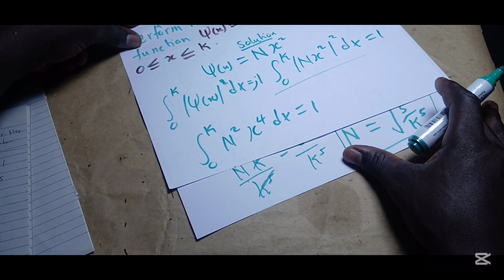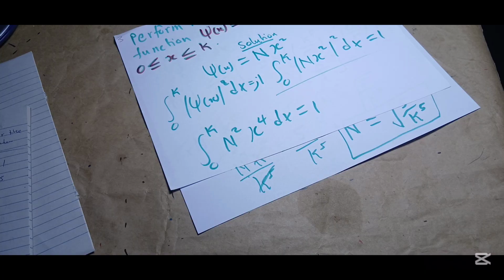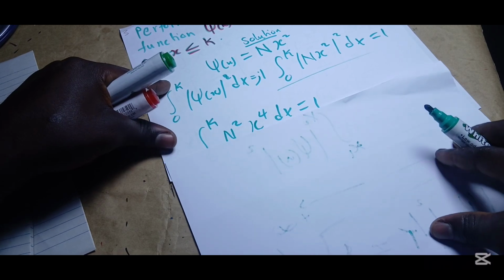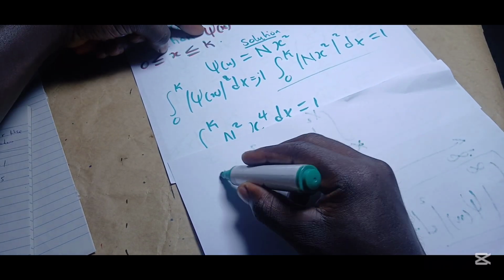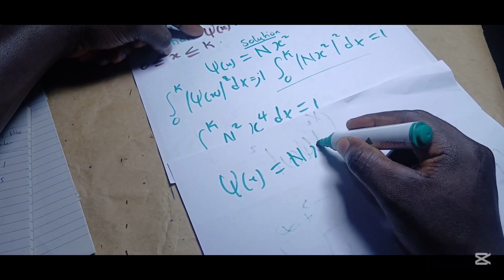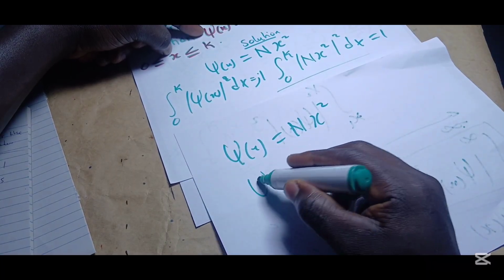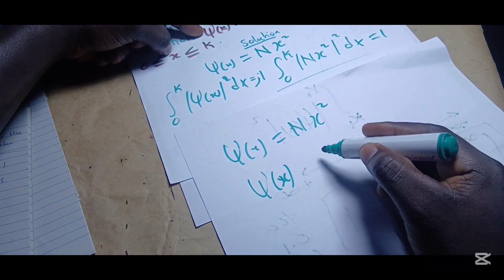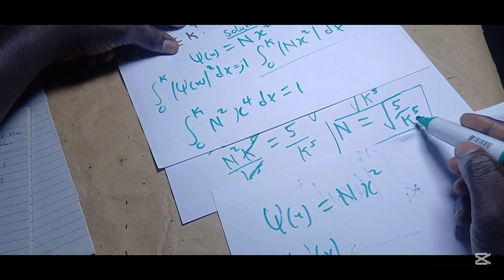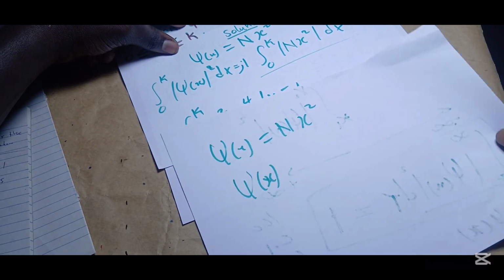So now let's write our normalized wave function. Our normalized wave function, psi of x, is now psi of x equal to n times x squared, but we now know n, which is our normalization constant, to be the square root of 5 over k to the power 5.